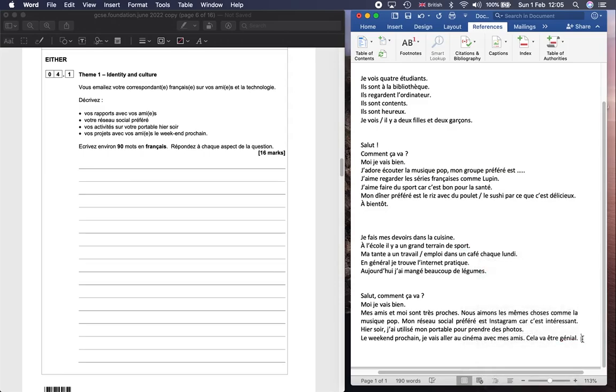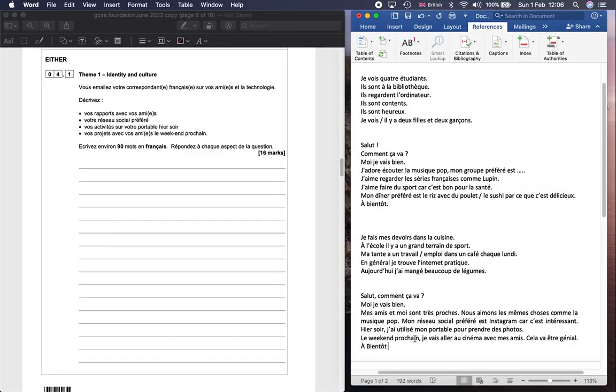Cela va être génial. So let's see if we have 90 words here. I don't think so, but we're gonna add more things. So let's write à bientôt. There you go.